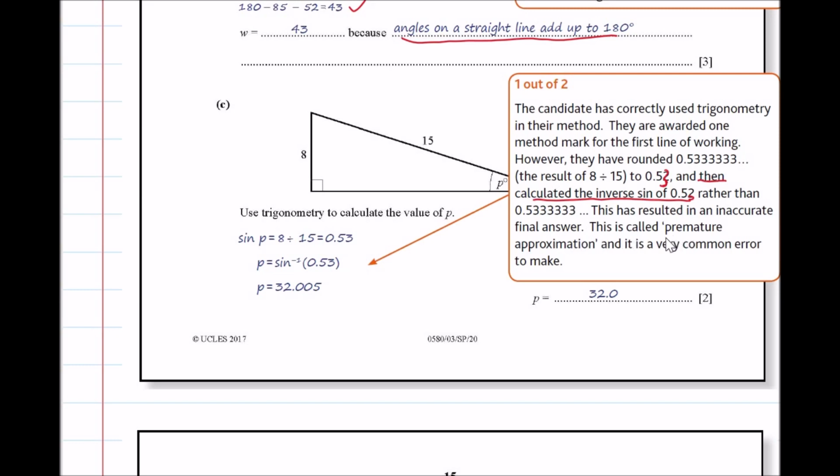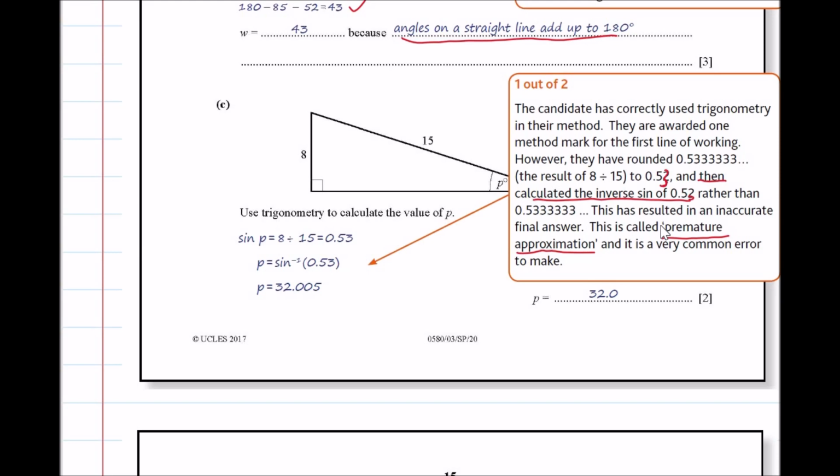This is called premature approximation. You have to keep this point in mind: premature approximation. At least 4 to 5 significant figures you should keep for the previous answers, and before the final answer, you write it in 3 SF.